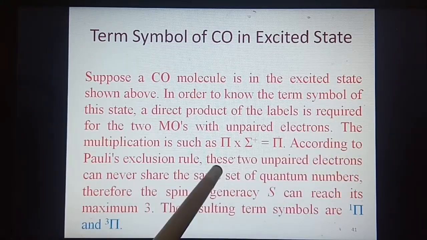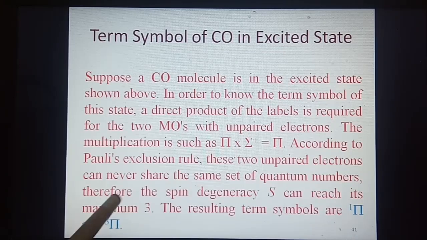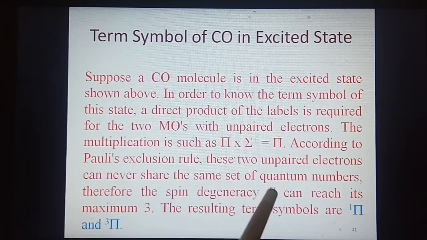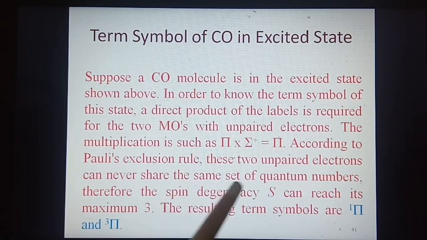According to Pauli's exclusion principle, these two unpaired electrons can never share the same set of quantum numbers. Therefore, the spin multiplicity can reach its maximum of 3, and the resulting term symbols are 1 pi and 3 pi. Here the electrons are paired and here the electrons are unpaired.